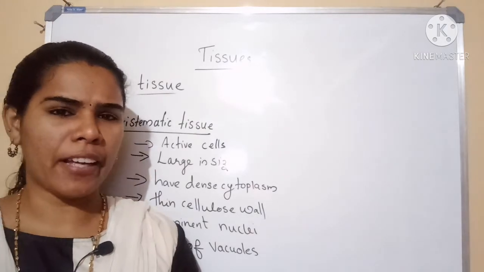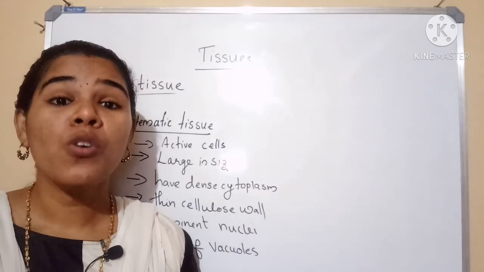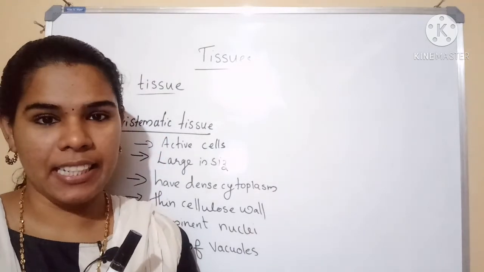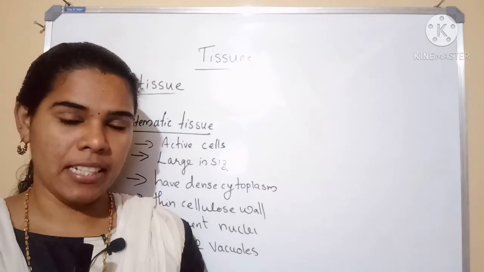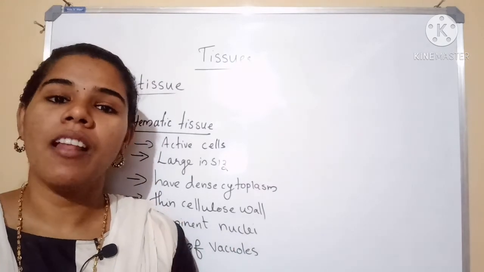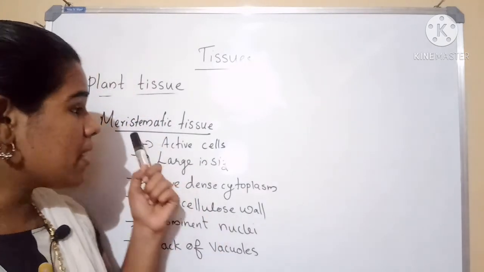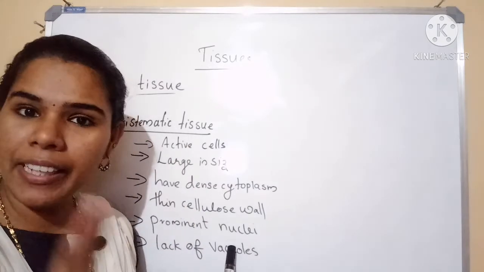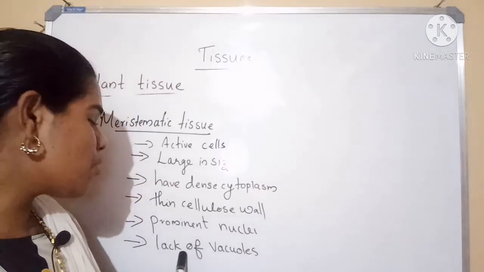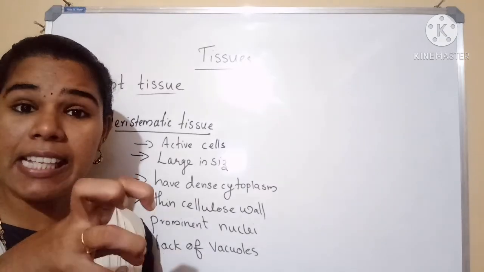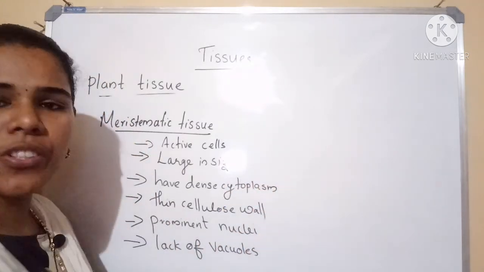What is the function of a vacuole? Vacuoles help to store material in the form of cell sap, the material needed for life. But here there is no storage, because this tissue is actively dividing and multiplying its number. So there are no vacuoles, and we can easily identify meristematic tissue by these features.